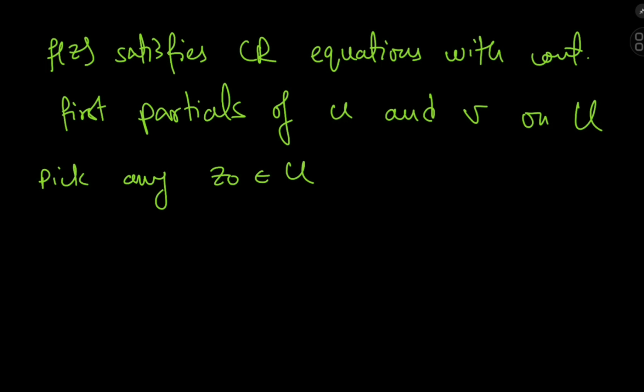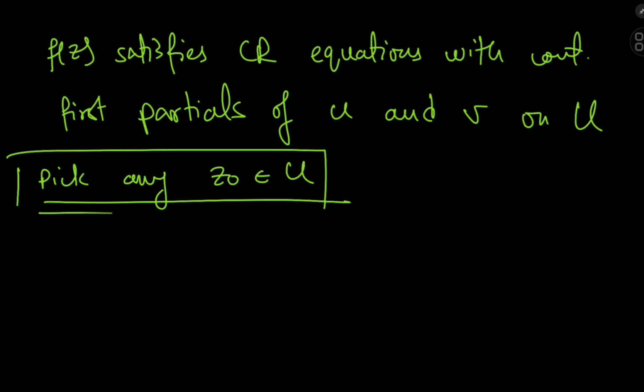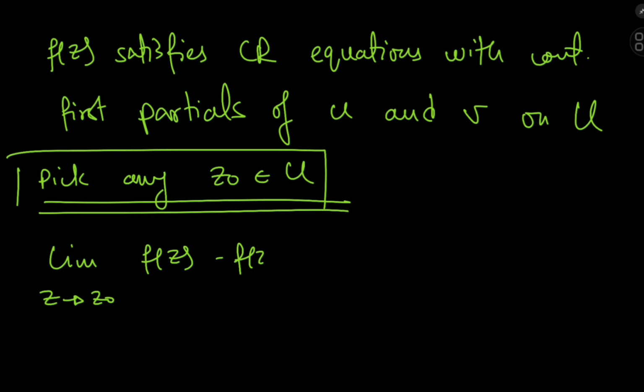And we pick any z naught belonging to U and evaluate the limit as z approaches z naught of the difference quotient, that is, f of z minus f of z naught divided by z minus z naught, and hope and pray that it leads to the conclusion of the function f being analytic.